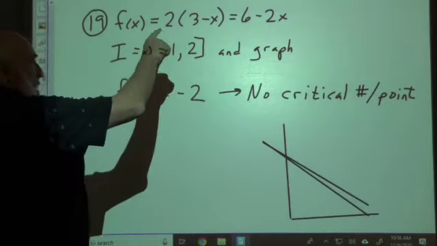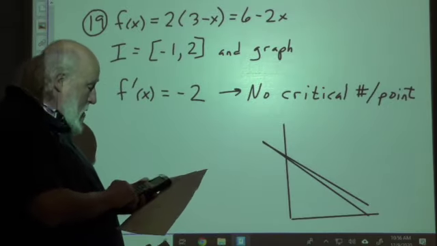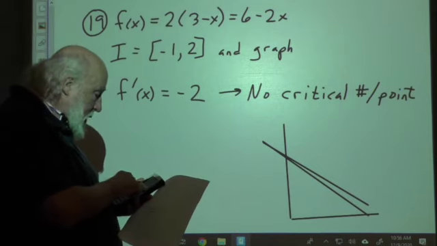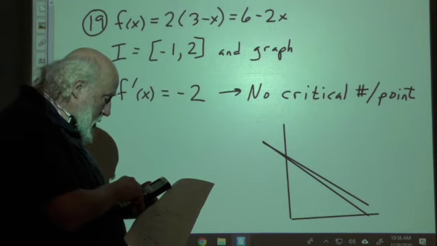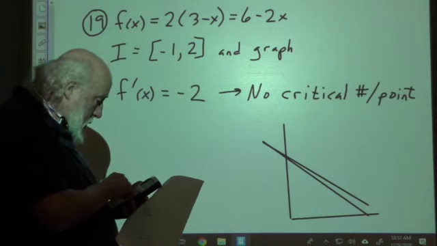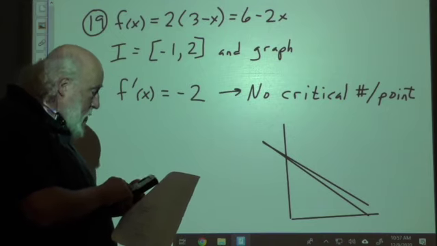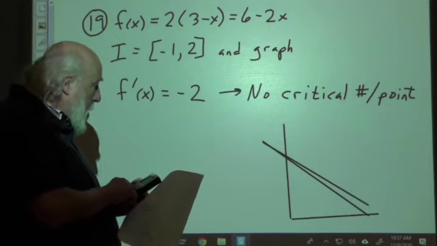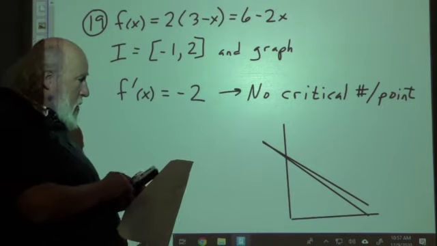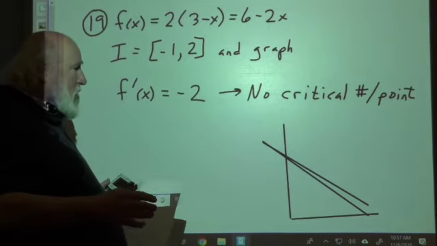So graph y equals 6 minus 2x on your calculator. And when you do that, go to Zoom 6, and then that will give you a full negative to positive scale.